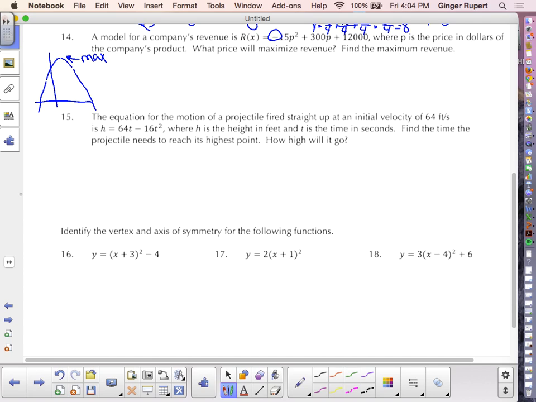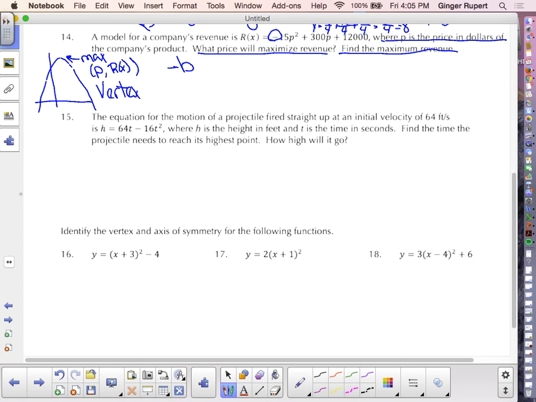That maximum value is going to be represented by price, P, and revenue, R of X. So when you find the vertex of this function, you've actually found the price in dollars, and you've actually found the maximum revenue. So it will give us the price and the maximum revenue.